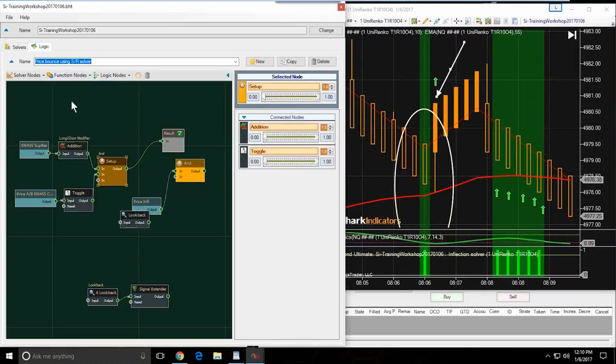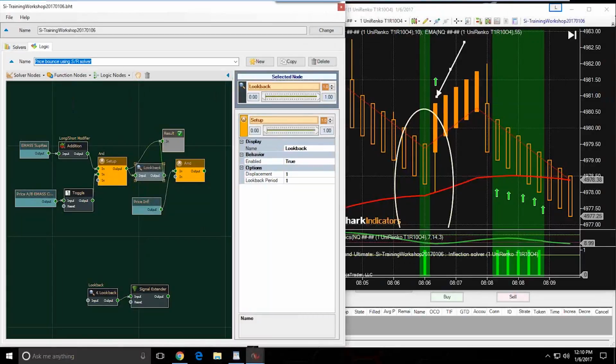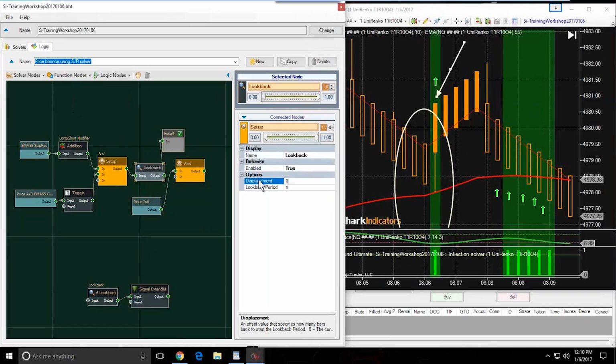So let's grab another look back. And so our look back has a displacement of 1. So that's what we want to use. We want to use a displacement of 1. So I'm going to rename this. So this guy is just doing a displacement of 1.